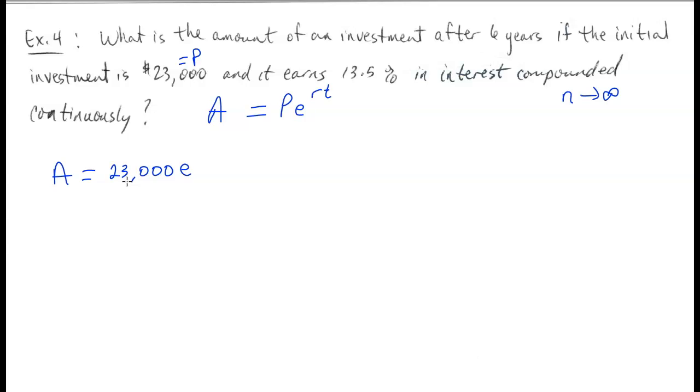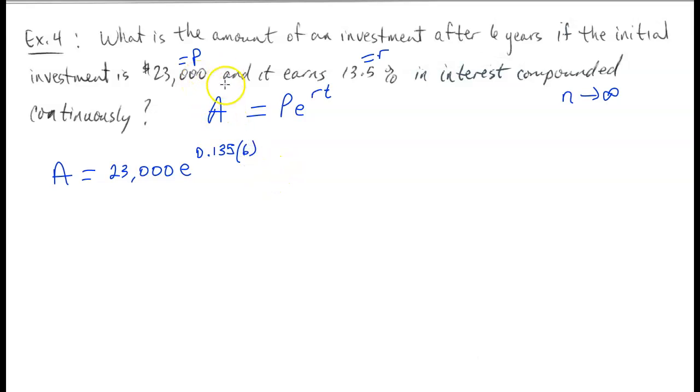There should be a button on your calculator that allows you to type in e. So here, 23,000 e raised to the r, which we write in decimal form, times t, which is 6 years.